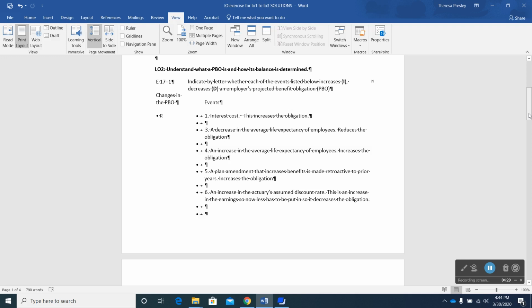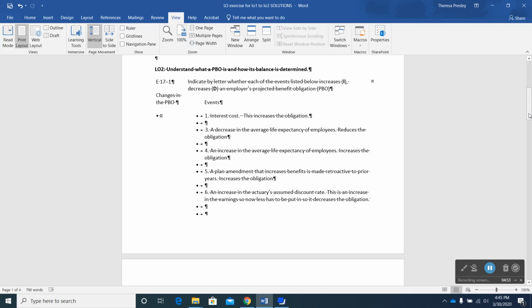So if they don't live that long, you kind of have to think about it in extremes. Maybe it's easier to see it that way. If they don't live that long, then their salary can't go up. If they don't live that long, then their service years can't go up. Both of these things tend to reduce the obligation, because they wouldn't receive as much benefits.